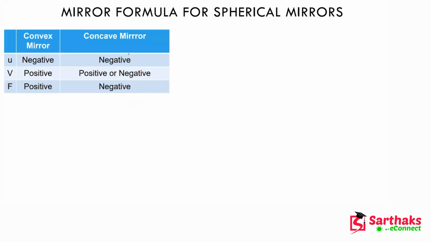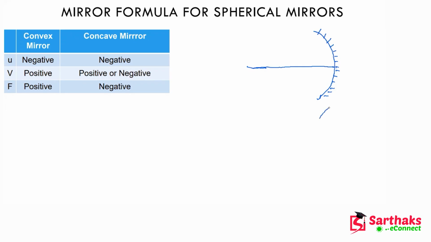Now let's talk about the sign convention in the case of convex and concave mirrors. For your simplicity, I am drawing a diagram of a concave and a convex mirror. This is your concave mirror because the coating is on the outer side and the light will be reflected from the inner surface.